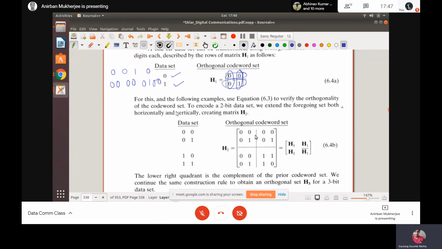I have an orthogonal code set, where for this 0, 0 I put 0, 0, 0, 0.